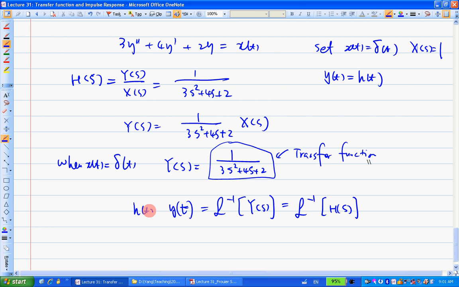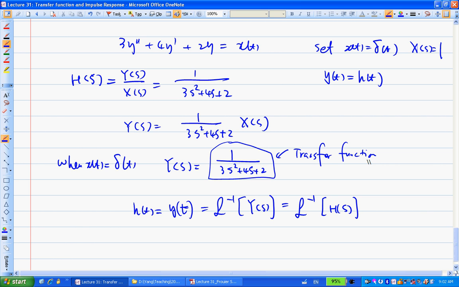So your y of t at this stage is called the impulse response, which is represented by h of t. So your h of t, the impulse response, is basically the inverse Laplace transform of the transfer function. You see the connection now?